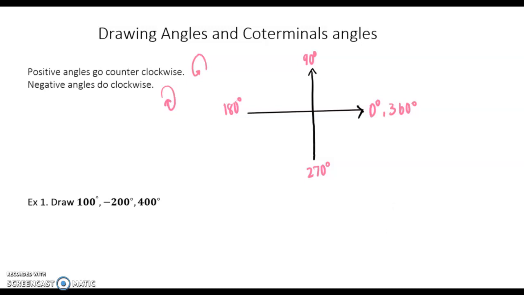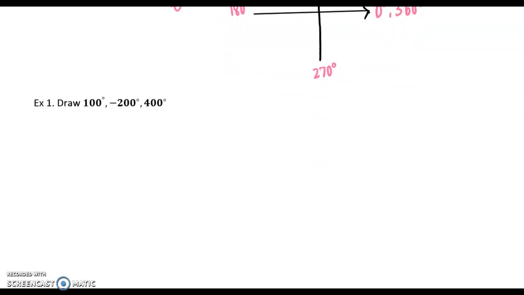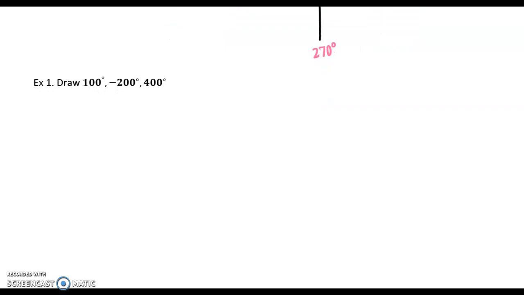So we're going to go ahead and draw. And it says to draw 100, negative 200, and 400. So we're going to start off with drawing our axes here. And I'm going to go ahead and put 90, 180, 270, and 360 just for references.